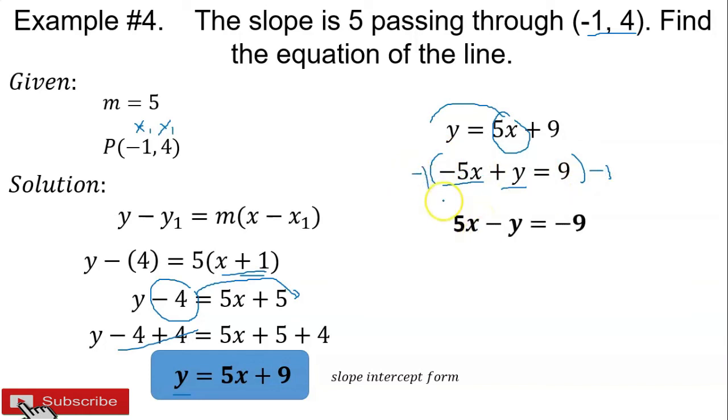Right, so this is negative 1 times negative 5x, that is equal to 5x. Negative 1 times positive y, that is equal to negative y, is equal to negative 1 times positive 9, that is equal to negative 9. And this is now our standard form of the equation.